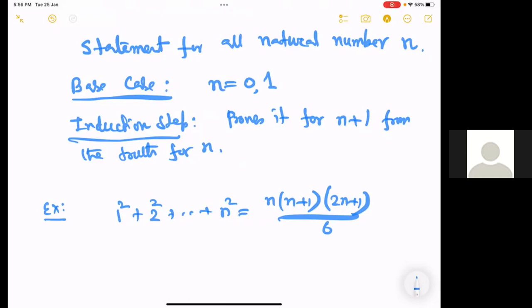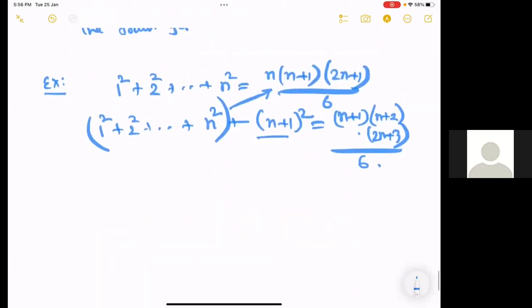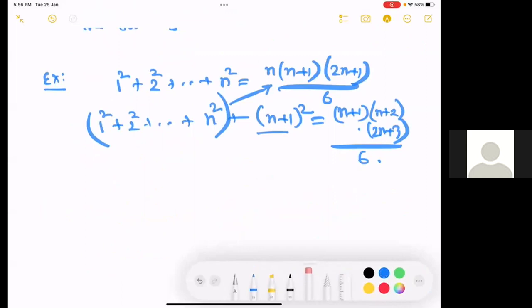You just prove it for n, then to prove it for n plus 1, you just add n plus 1 square, then you group and substitute by this value, add n plus 1 square with it, and convince yourself that it is simply n plus 1 into n plus 2 into 2n plus 3 by 6.